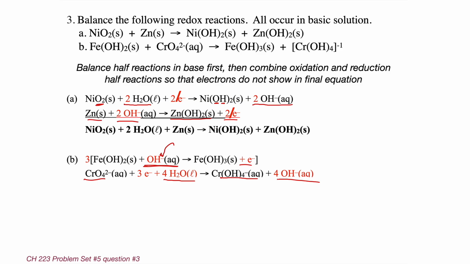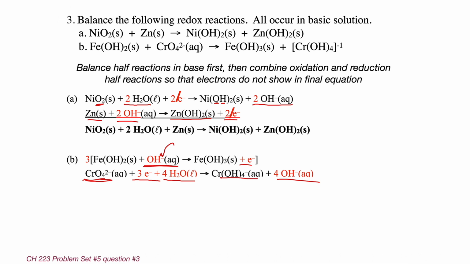Yeah, so then you can go back and make sure that balancing of charges is okay. On the product side, 4 hydroxides, that's -4, and an additional -1 from the complex ion. So the product side is -5. And chromate on the reactant side is the only thing with a charge at -2. So we need to add 3 negative electrons to make sure that thing is balanced for charge.